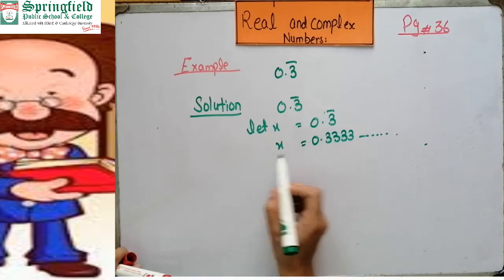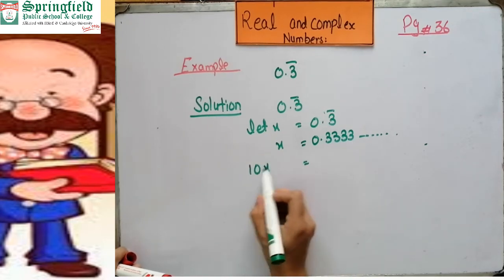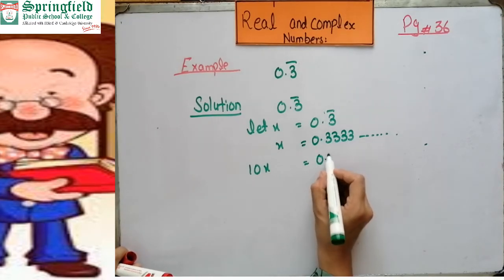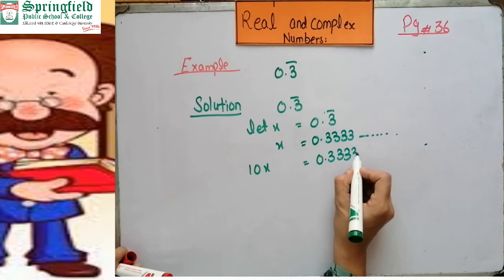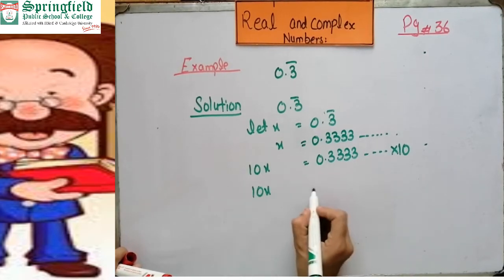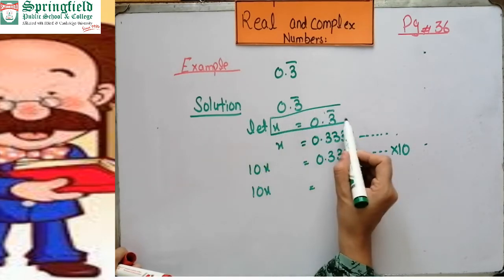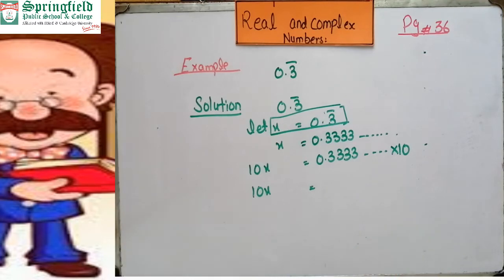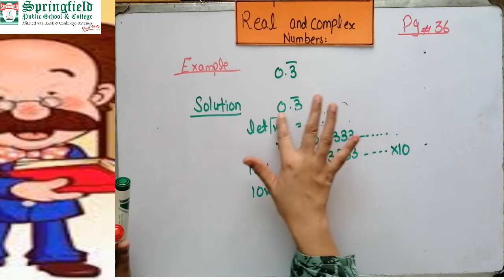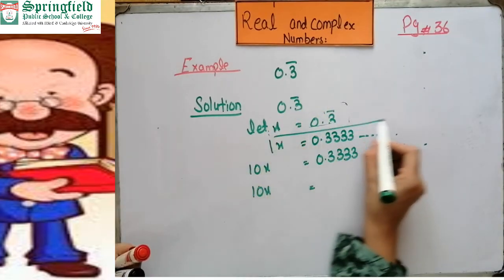So we will multiply both sides by 10. 10x, and then 0.333 and so on multiplied by 10. This one is our second one. This is equation number 1.